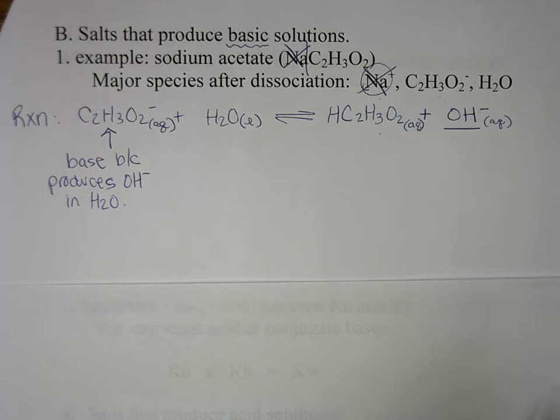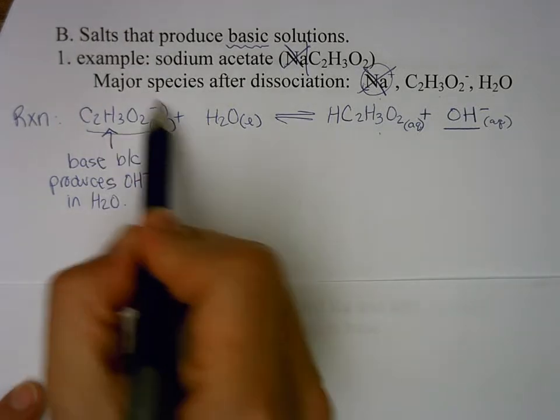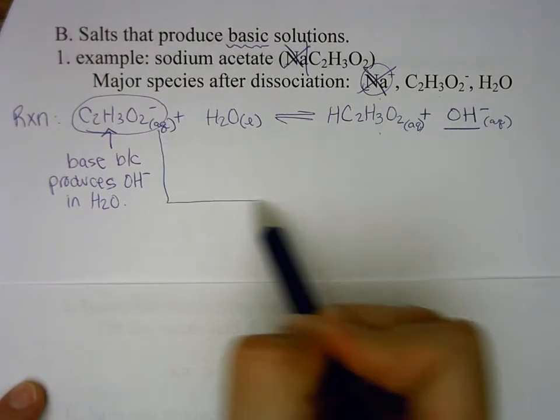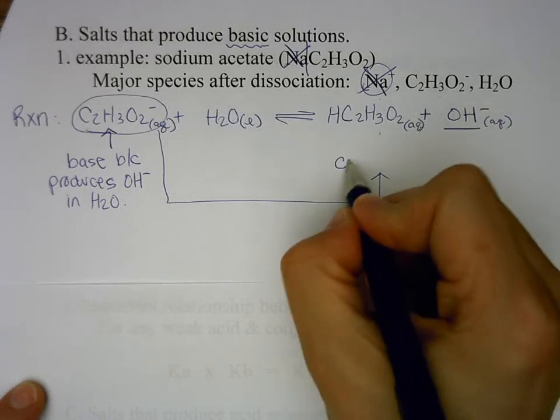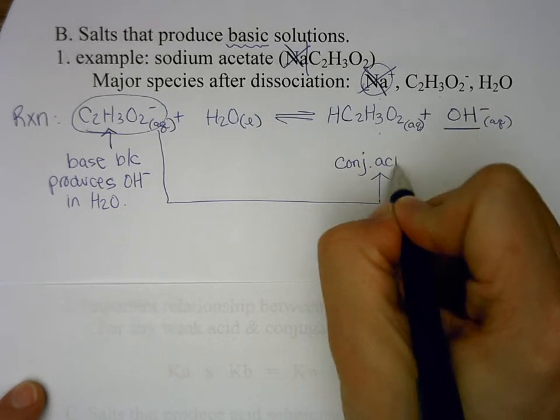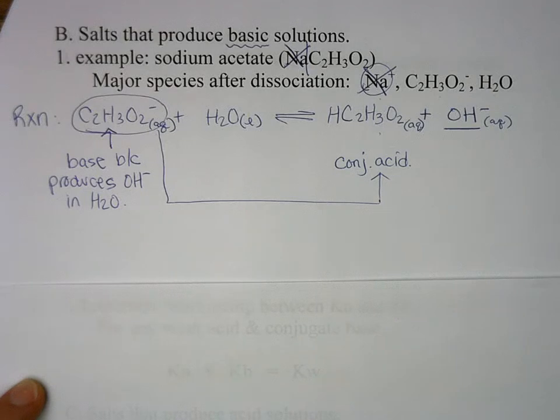Now, this counts as my base, my acetate ion. The acetic acid over here is the conjugate acid, but it's super weak compared to the hydroxide.